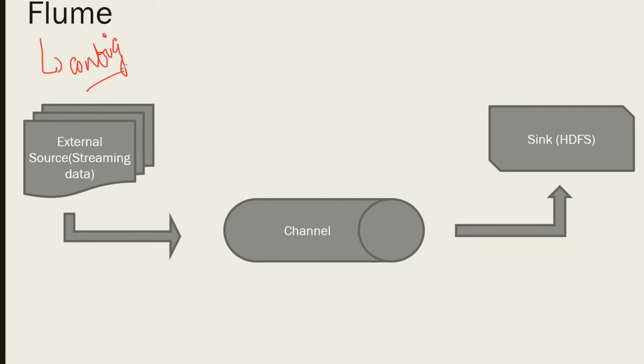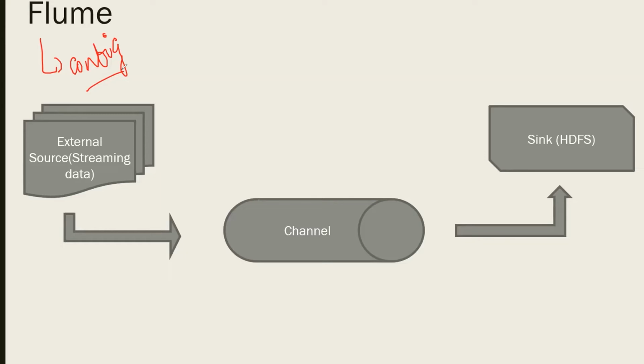All you need to do is pass parameters saying what your source name is and what the HDFS location is where I'm interested in putting all the streaming data. These parameters, which are exclusively applicable for you, you will specify inside your configuration file. Based on that, the records will be extracted and sourced inside your HDFS layer.